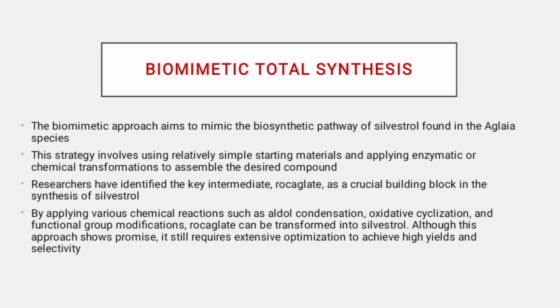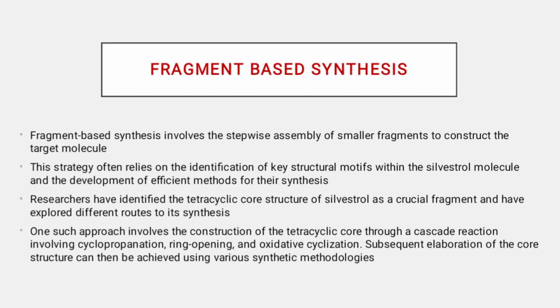Researchers have identified the key intermediate rocaglate as a crucial building block in the synthesis of Silvestrol. By applying various chemical reactions such as aldol condensation, oxidative cyclization, and functional group modifications, rocaglate can be transformed into Silvestrol. Although this approach shows promise, it still requires extensive optimization to achieve high yields and selectivity.